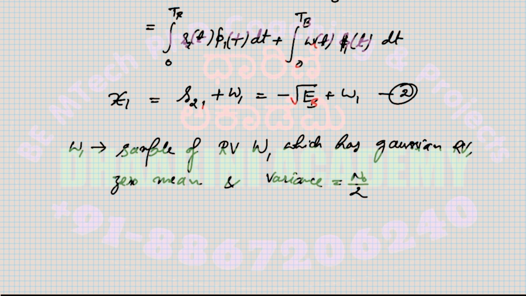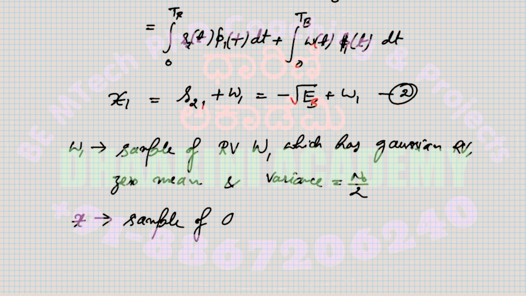N naught is the total power. Also I can say that because W1 is a Gaussian random variable, the capital X1 is also going to be a random variable, but I'm going to write about the small x. Therefore, the small x will be a sample of the random variable, that is capital X1.